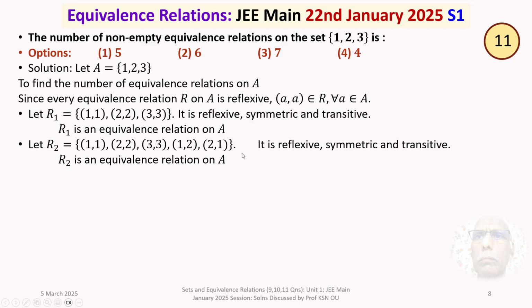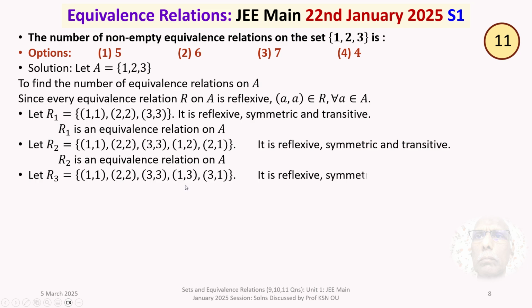In a similar fashion, go to R1 and adjoin (1,3). If you add (1,3), add also (3,1). So R3 is all those reflexive elements plus (1,3) and (3,1). It is also reflexive, symmetric and transitive.